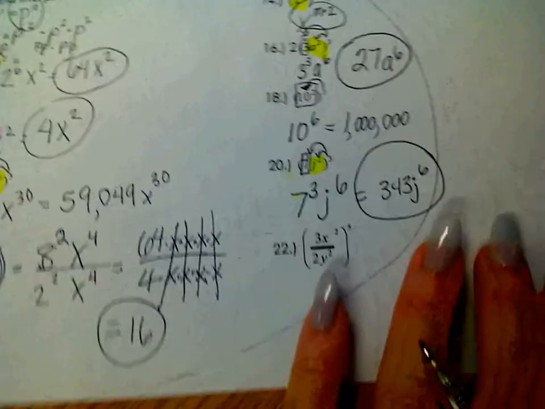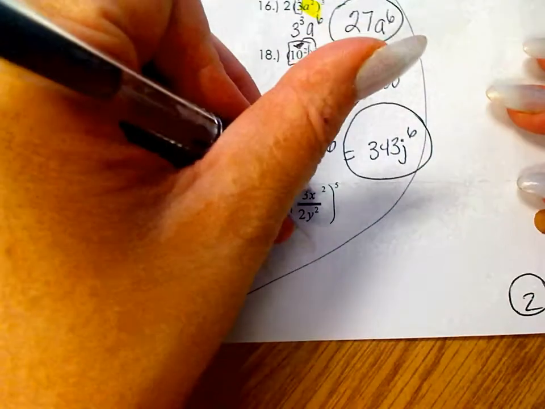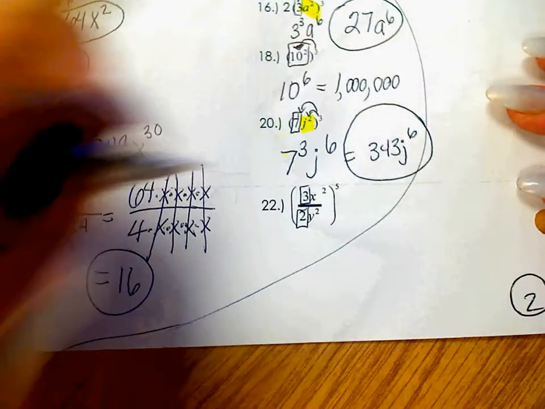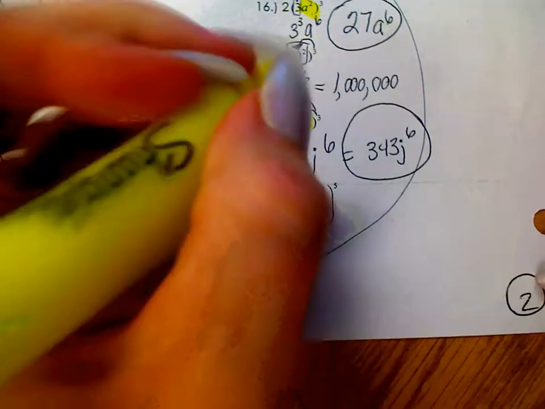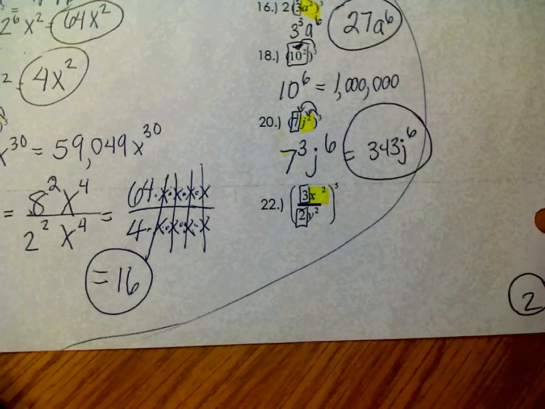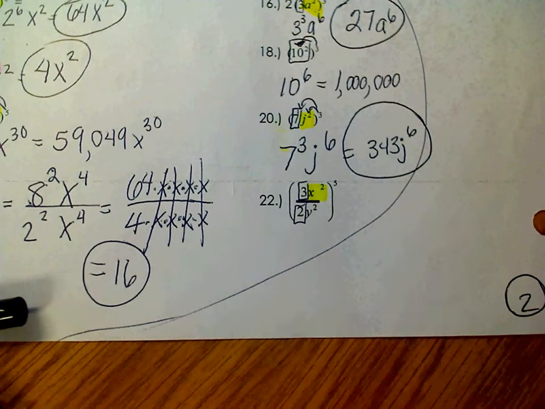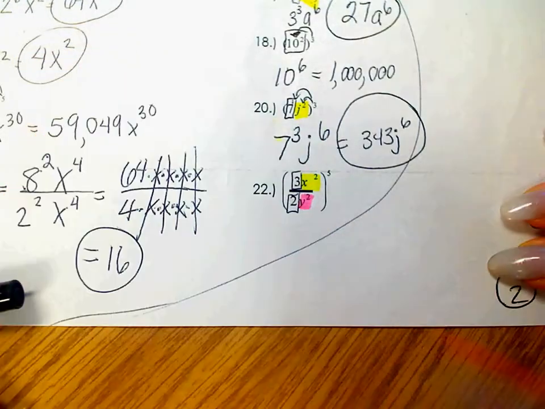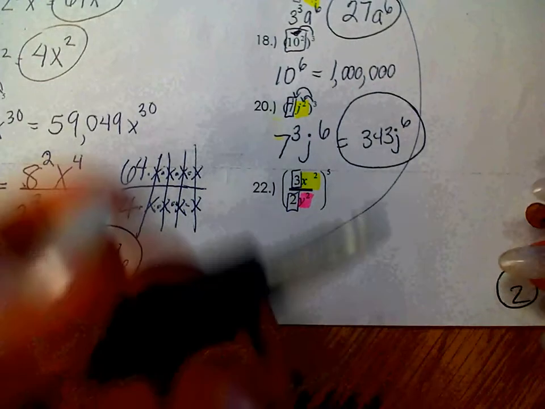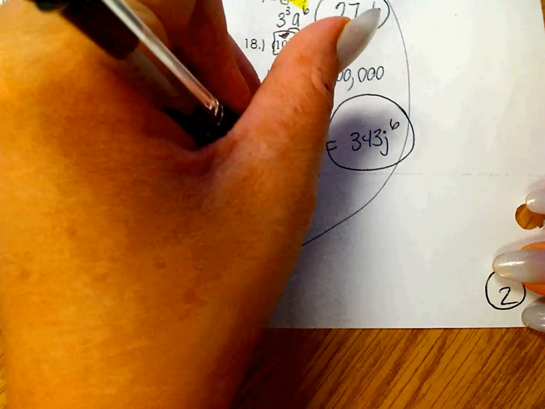Okay, number 22. Window, window. Highlight x. Oh, and you need a different color for y because those aren't the same. Okay, invisible exponents and arrows.